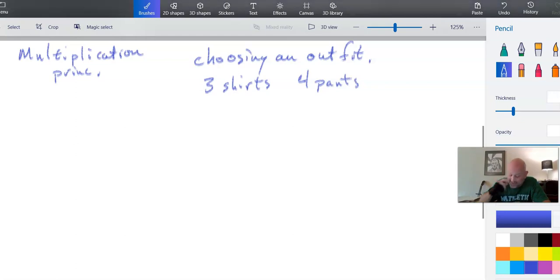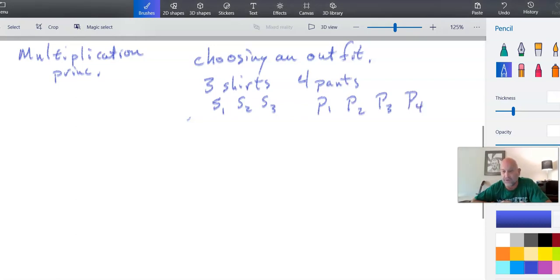So let's look at this. Just to make this easier, let me do this real quick. 3 shirts, I'll call it shirt 1, shirt 2, and shirt 3, just so I don't have to write the word shirt. And then pants, we'll do pants 1, pants 2, pants 3, and pants 4, right? So those are the different choices we have.